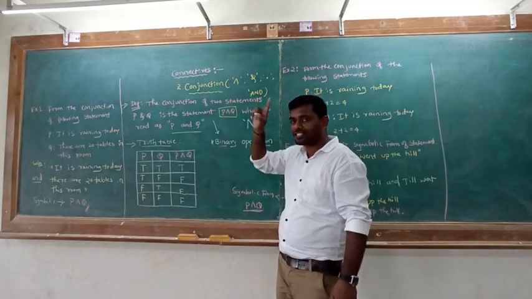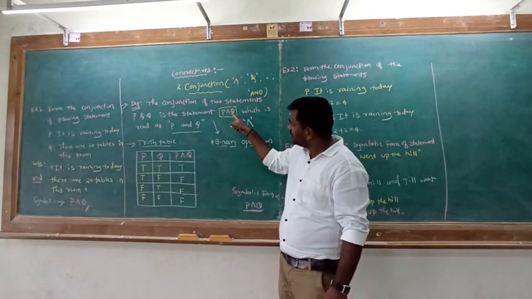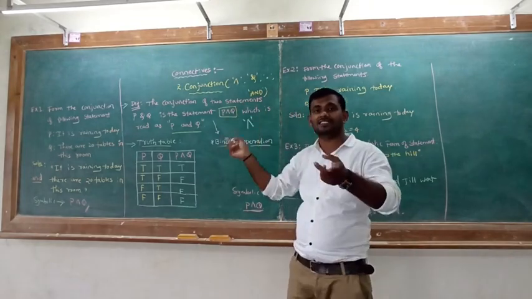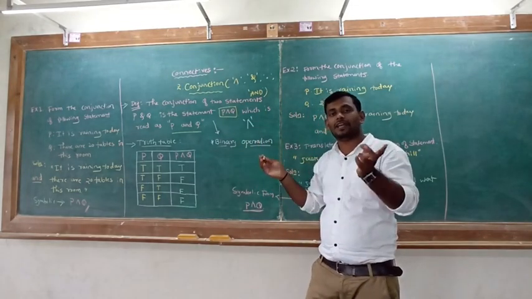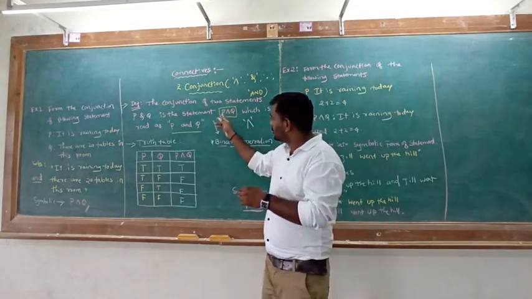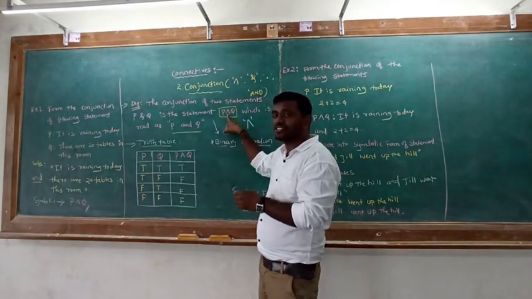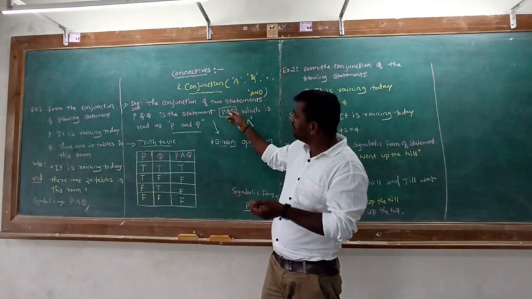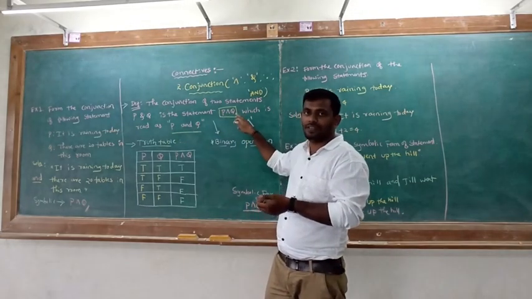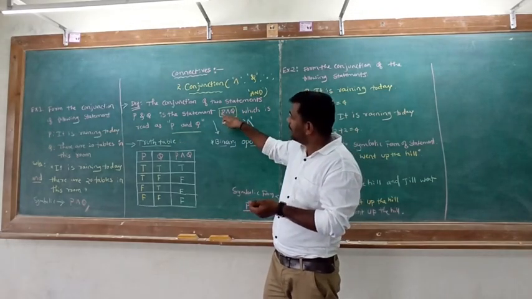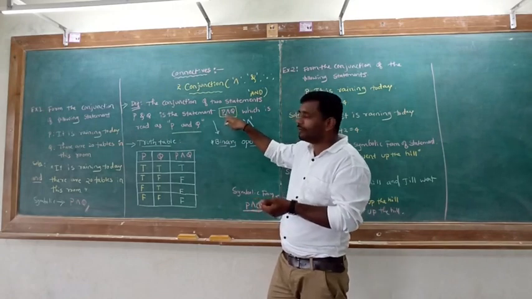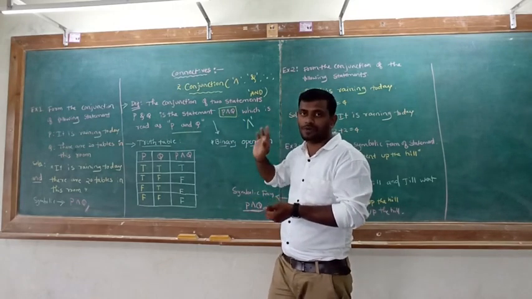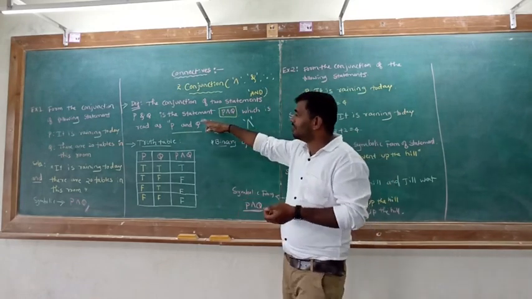P is the first primary statement, and Q is the second primary statement. We are combining both primary statements using this conjunction symbol, which is read as P and Q. Symbolically you write P conjunction Q. This is the definition of conjunction.